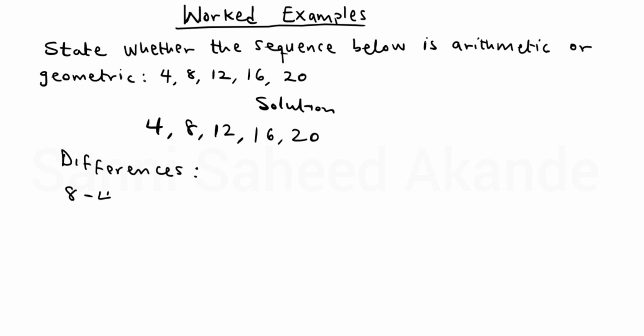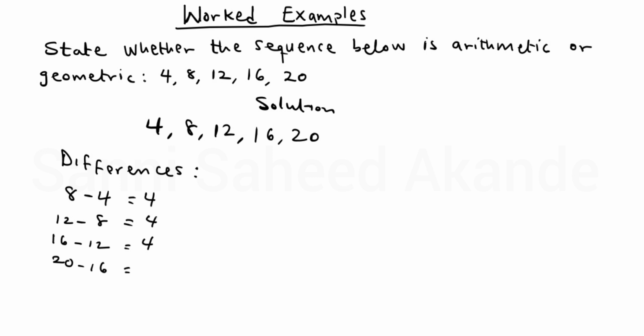8 minus 4 is equal to 4, right? Then the third term, which is 12, minus the second term, 8. 12 minus 8 is also 4. Then if you take 16 minus 12, that is also 4. And 20 minus 16 will also give us 4.